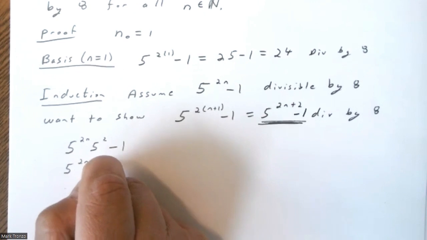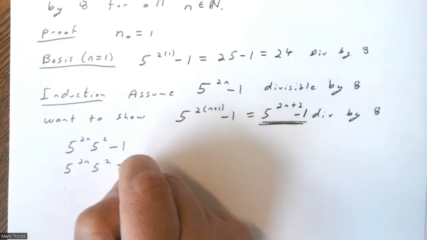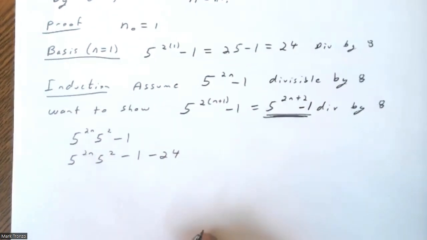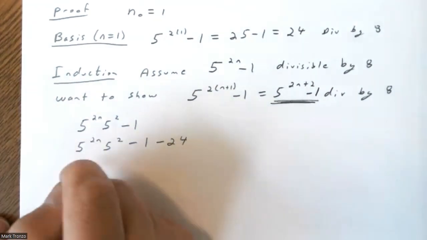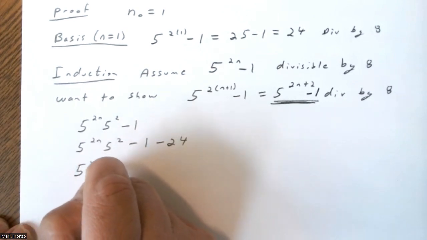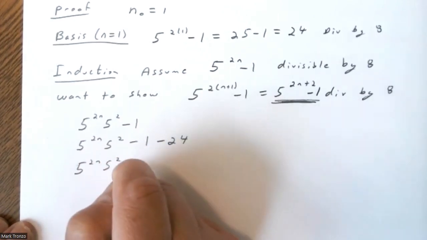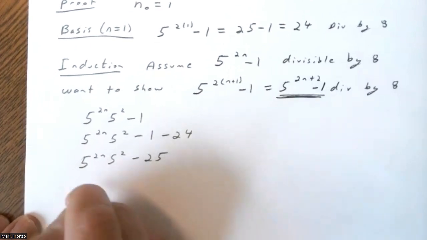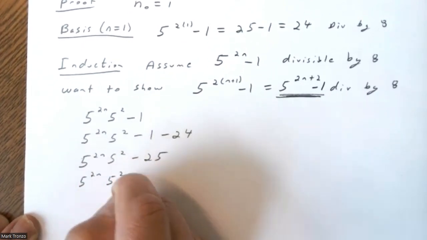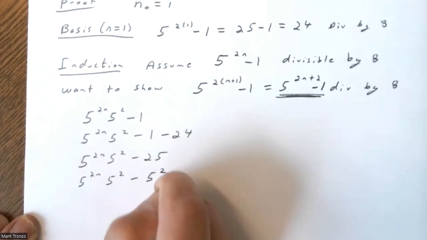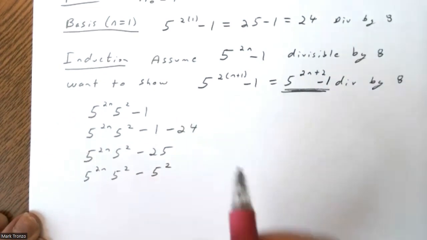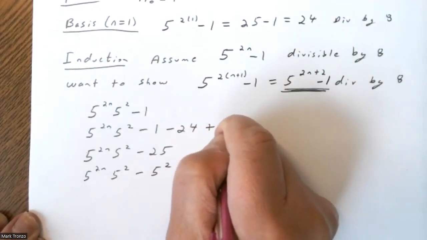I'm going to put all the steps in so everyone can see. So we'll put minus, just what you said, minus 24. And then 5 to the 2n times 5 squared minus 5 squared, like that. And just like Derek said, subtract, and of course, I'll add 24 here.